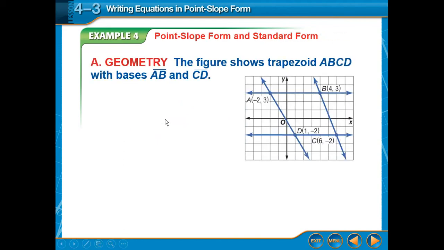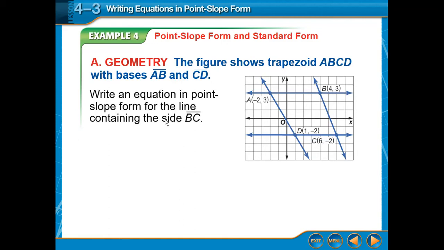Okay, let's say I have this, and the question says to write an equation in point-slope form for the line containing the side BC. So from here to here. So I have 2 points, right? So first thing I want to do is come up with the slope.